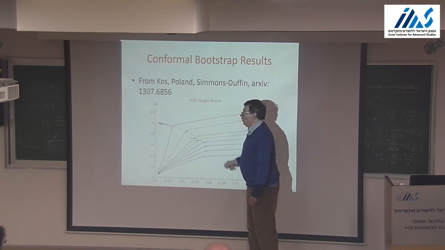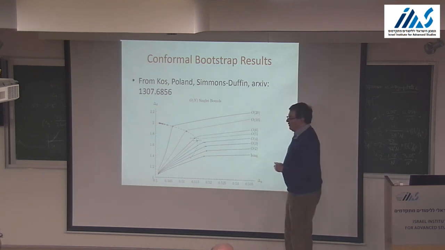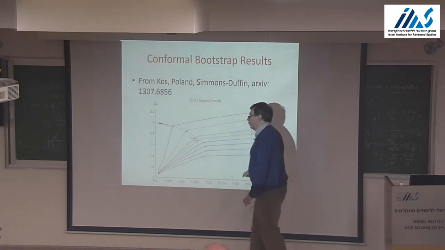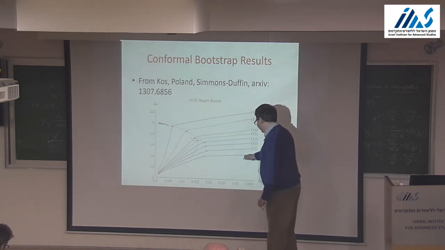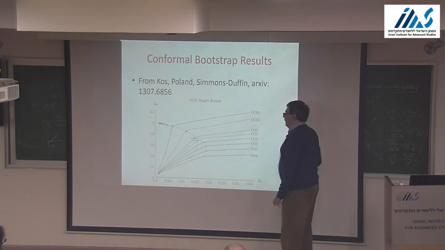And we don't know why. But there is by now much better data. Instead of these kinks, they have islands. They've managed to turn these kinks into little islands surrounding these points, at least for Ising and O2. Yeah, they do have some islands.